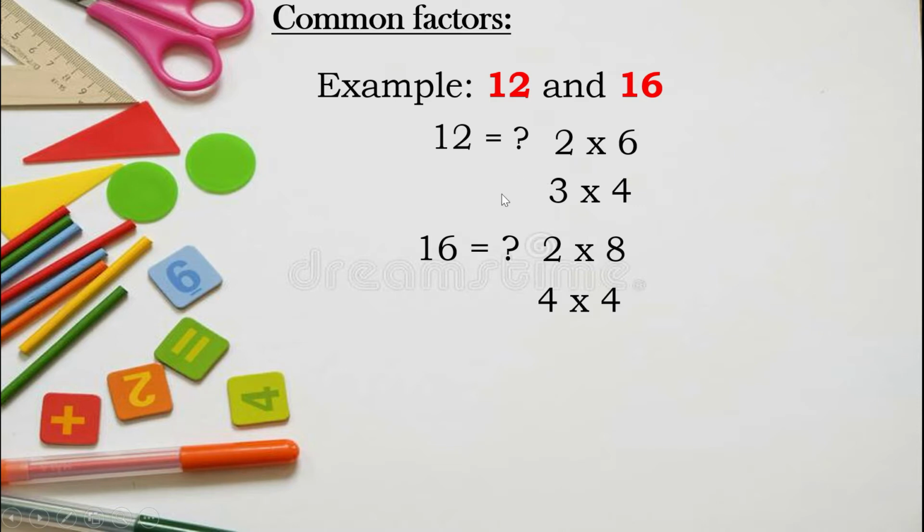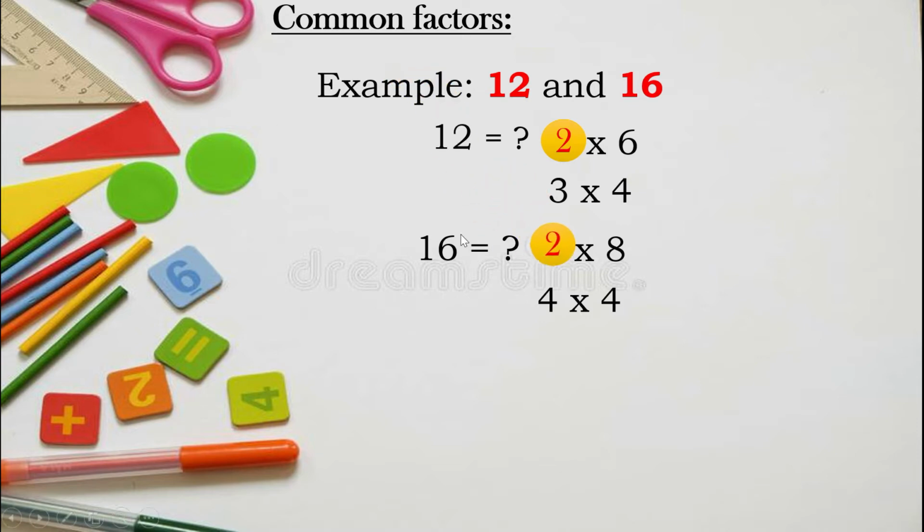So this example class, makikita nyo rin to sa inyong module. Kinuha ko lang para i-explain. Ayan, nakuha na natin yung mga factors. Kukunin naman natin yung common factors na meron si 12 na meron din si 16. Ano-ano kayang mga factors yon? May factor si 12 na 2 and also si 16.